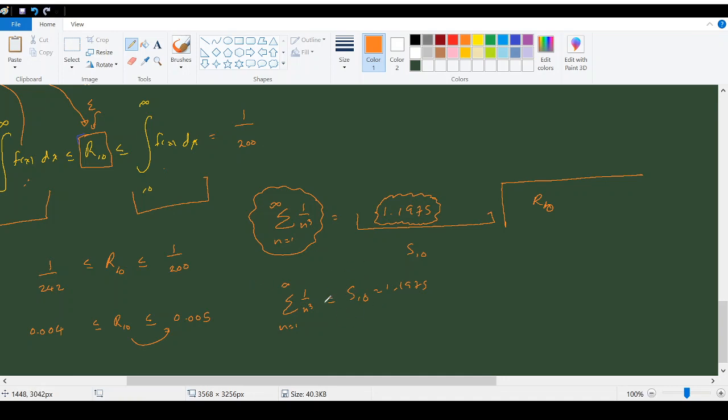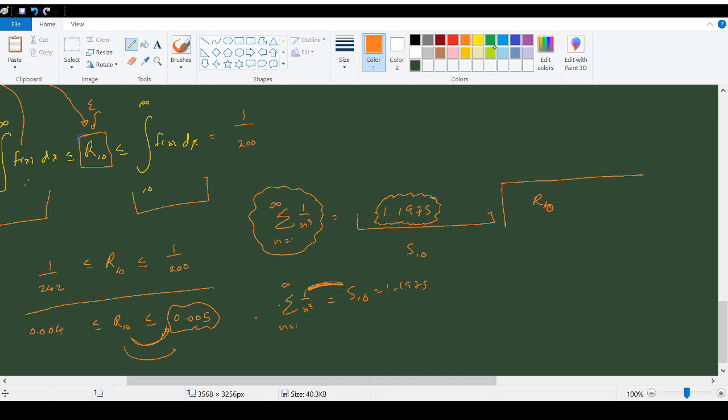This is actually not equal. But the thing is, this error will not be greater than 0.005. That's the importance of this inequality. Although we don't know the exact value of the error caused by taking only the first 10 terms, we know for sure that this error will be not greater than 0.005.